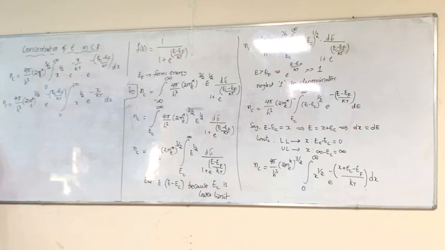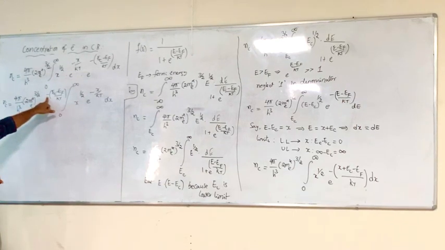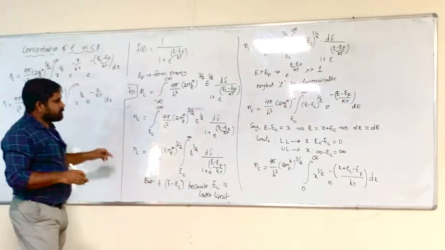Clear? This step is clear? Sir, there minus will again come now, sir, for Ec. Yes. Inside also it will come now, sir. Why will it come? Here minus again will come.